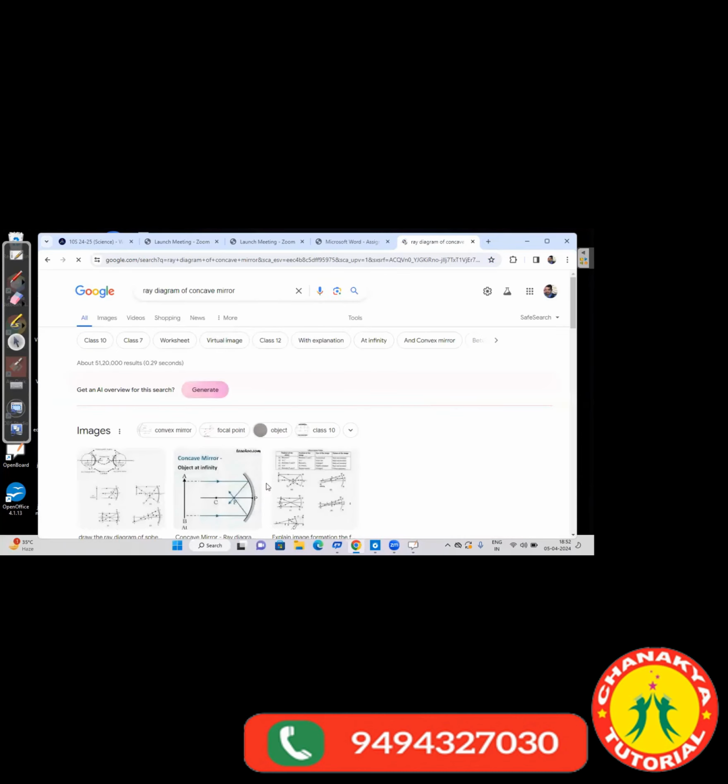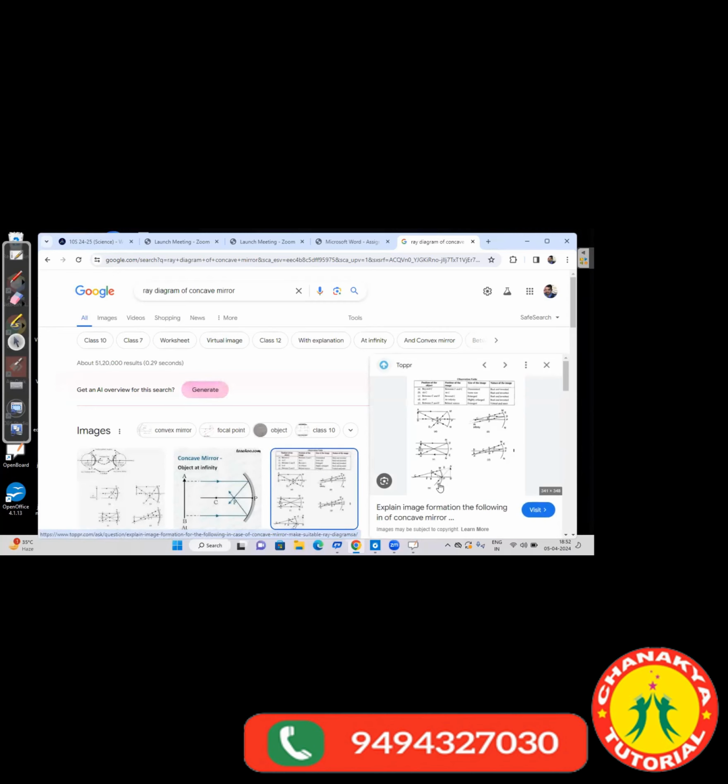This one. Okay, this last one, when the object is placed between pole and focus.